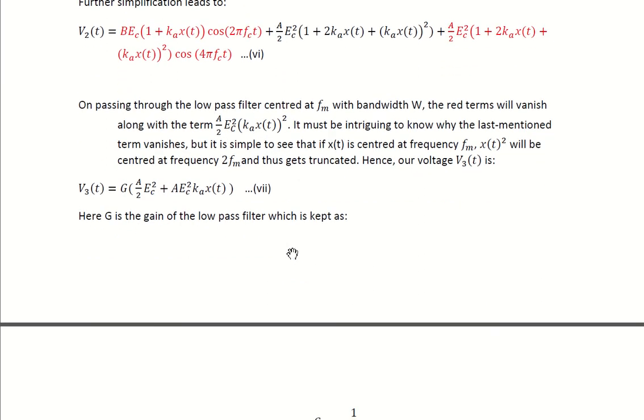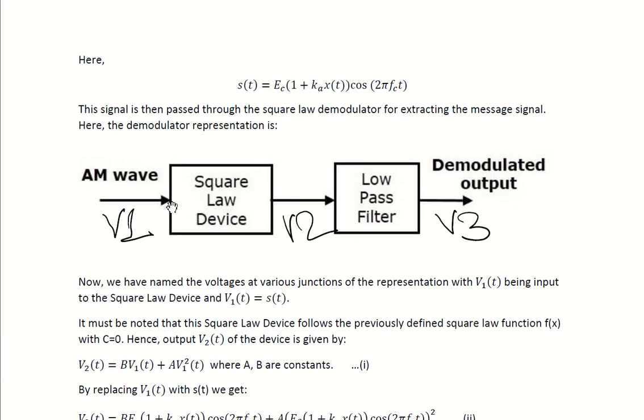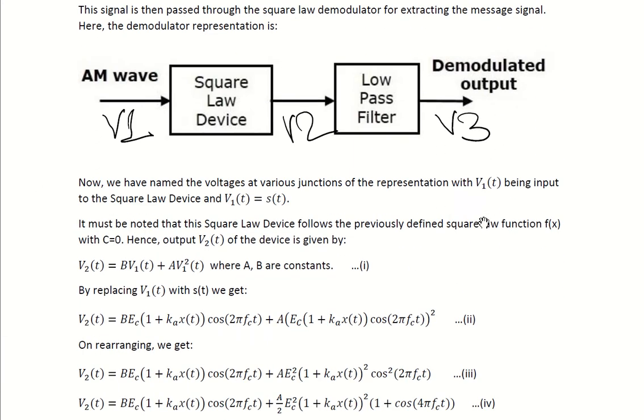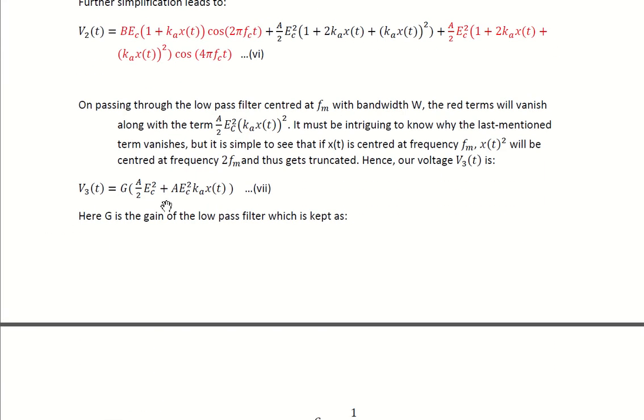So basically V3(t), the output from this low pass filter that we receive, is G times [aEc²/2 + Ec²k x(t)], where G is the gain of the low pass filter.